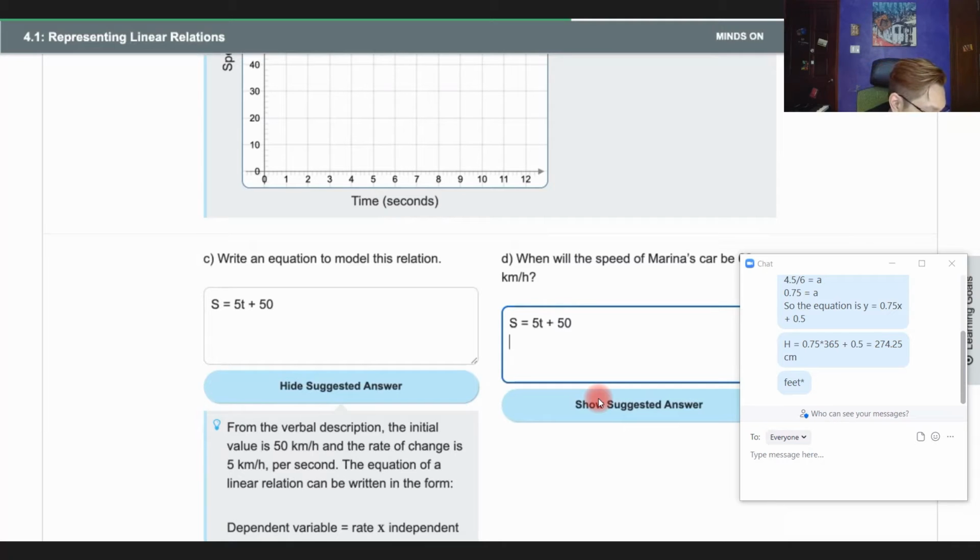Okay, 63 equal 5 times t plus 50. And then you solve for t. We don't really know what t is yet, so that's why you have to find t, because they ask when.